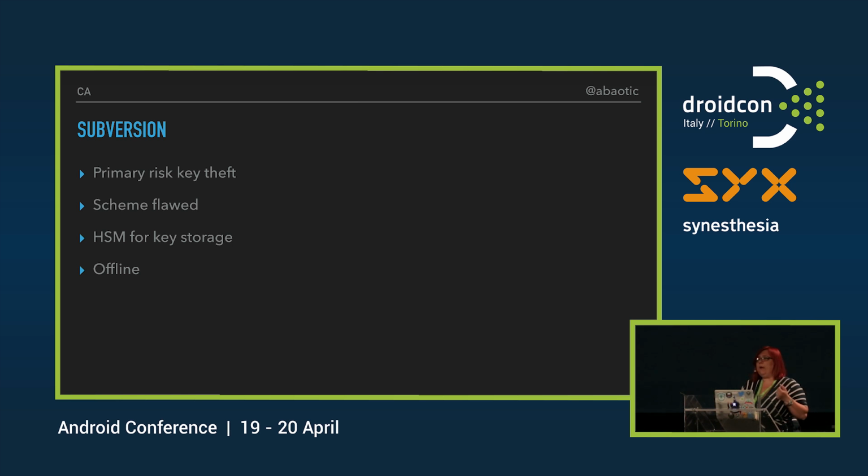So if your private key is lost, that's a problem because they can issue certificates with that private key and place fake ones. If the emails are not standardized, and they're not, then you can technically hijack the communication between the certificate authority and the entity. And also for key storage.